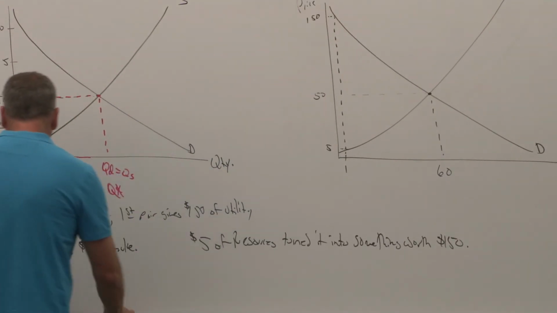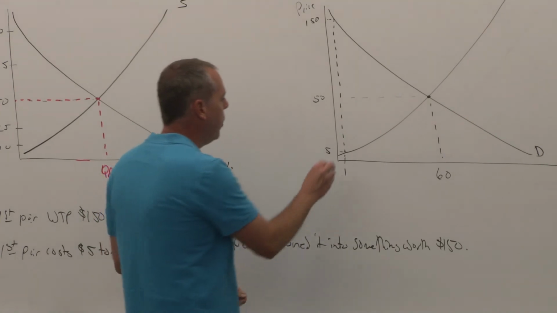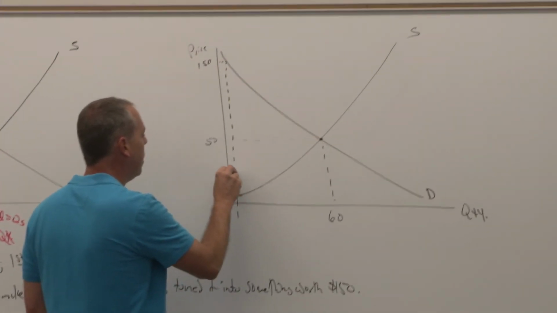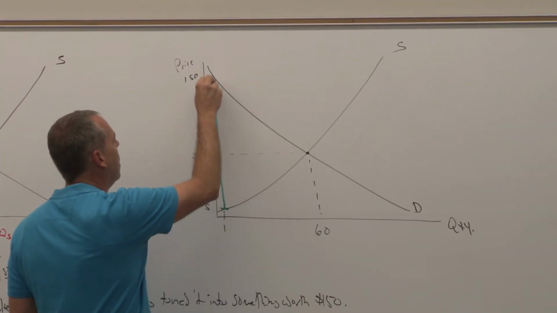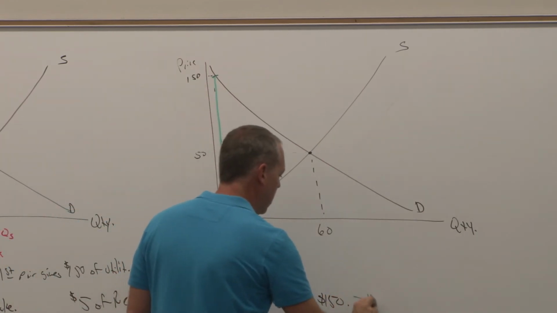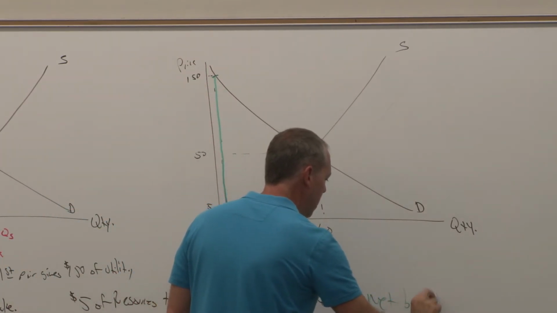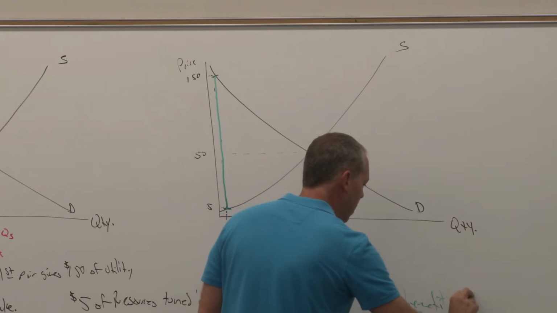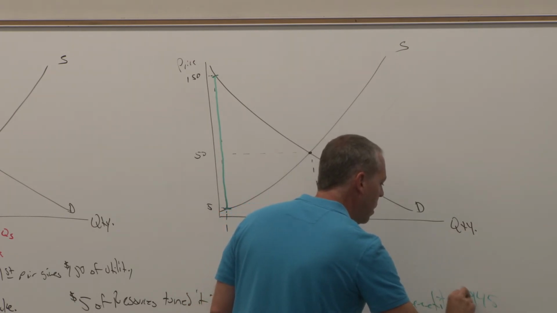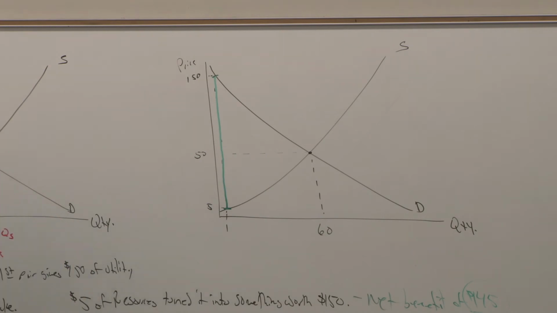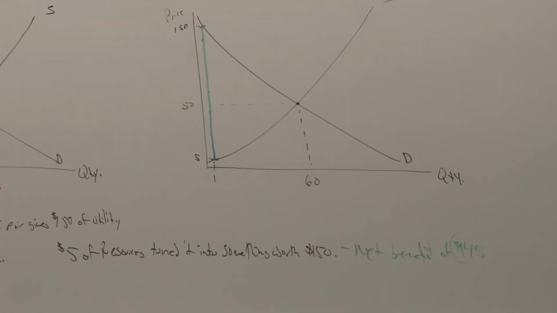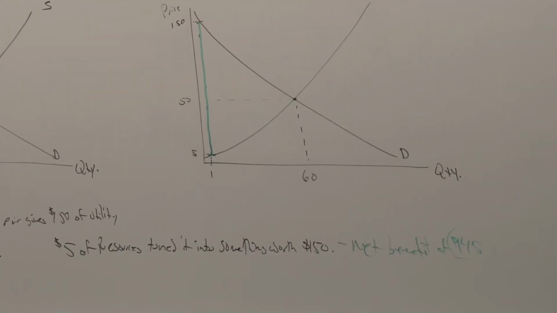So in essence, what we have here is this net benefit of $145. So, should we make the first pair of jeans or not? Totally, right? We just created $145 worth of value just by taking some stuff and rearranging it. That's all we had to do.